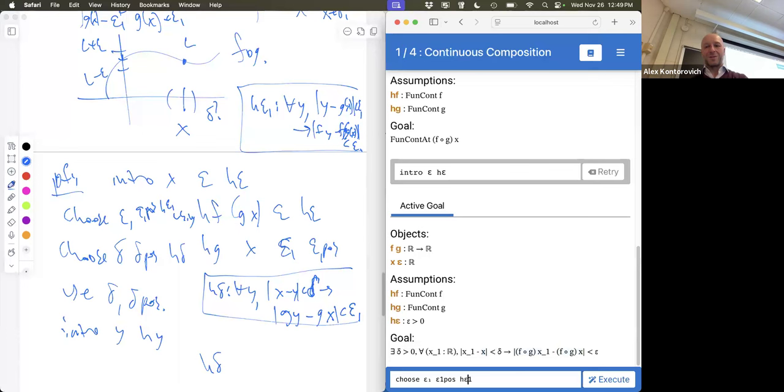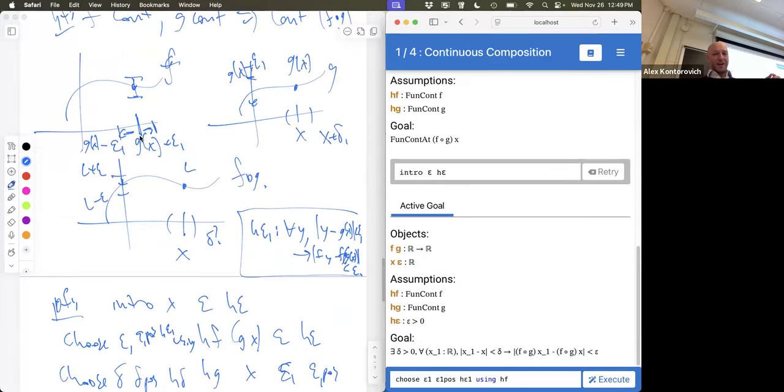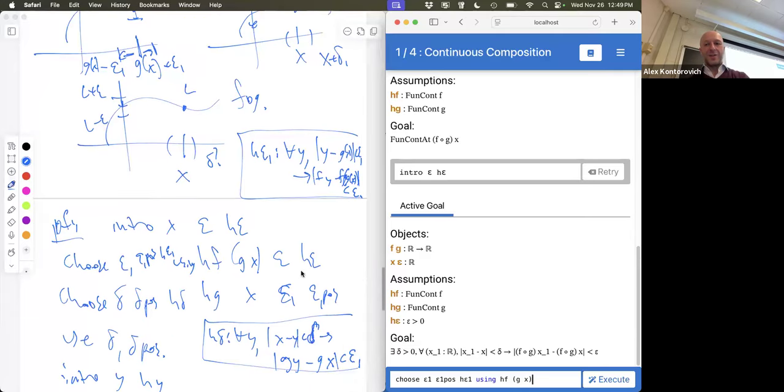Using hf applied at which point? g of x, and with what epsilon? Epsilon and the positivity of epsilon, which I called h epsilon. Okay, fine.